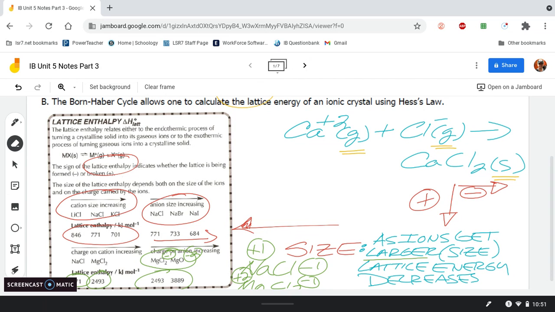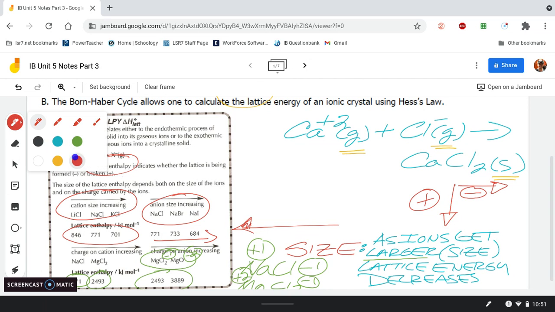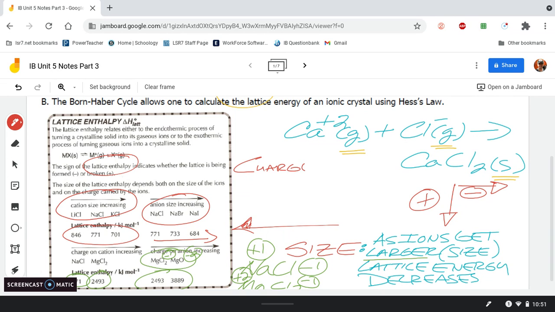I'm going to write down for charge: as charge increases, so does lattice energy.